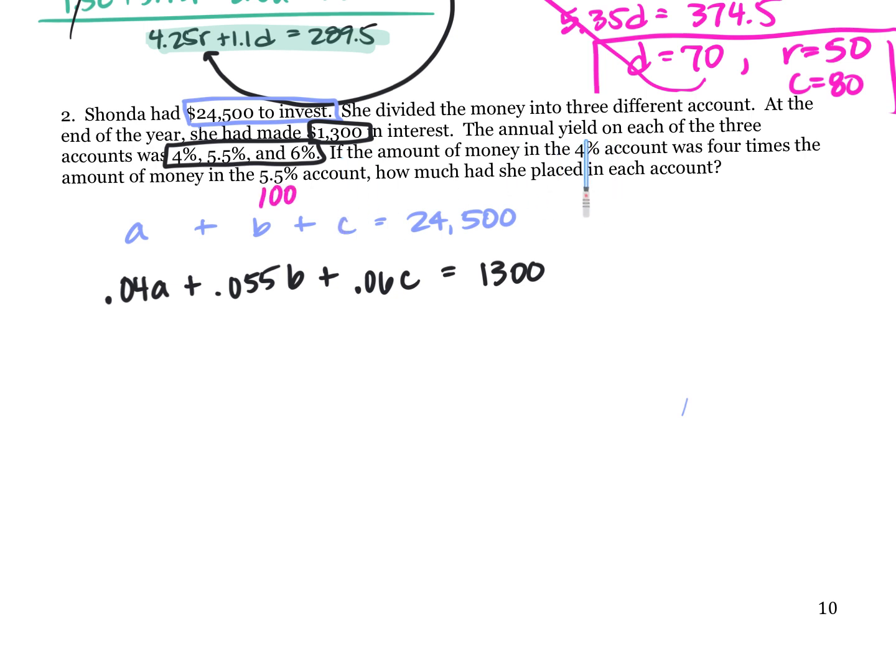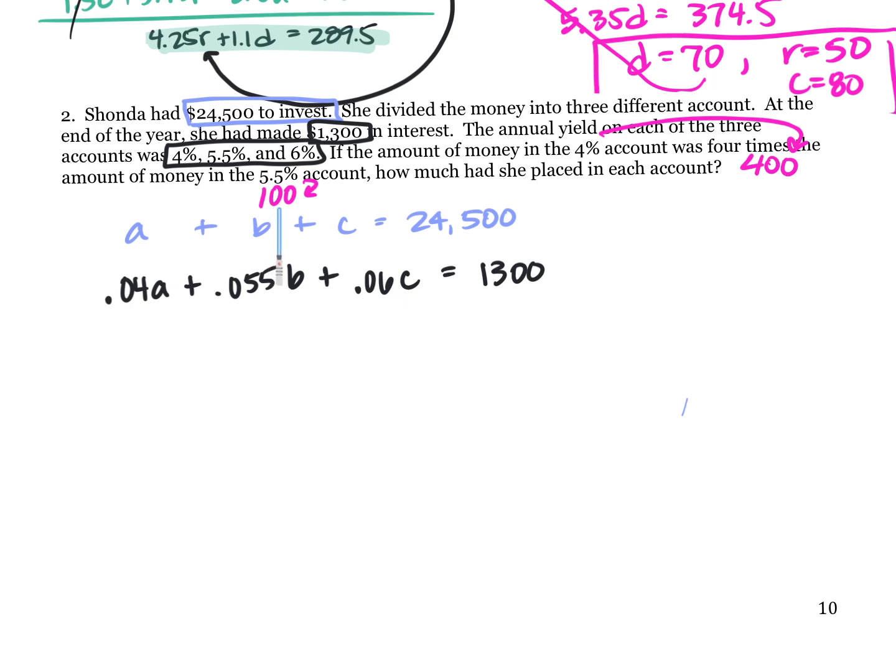It says the amount of money in the 4% account was 4 times the amount of money we had in the 5.5% account. If I've got $100 in the 5.5%, how much would I have over here? 400 in the 4%. So for that third equation, do I need to take my 5.5% account, which is B, and multiply it by 4, or do I need to take my 4% account, which was A, and multiply it by 4 to get 100?